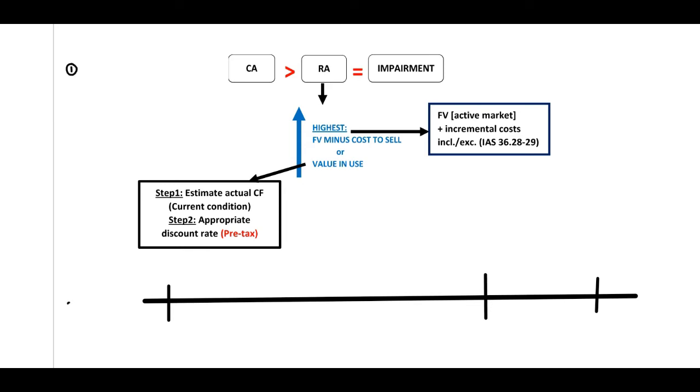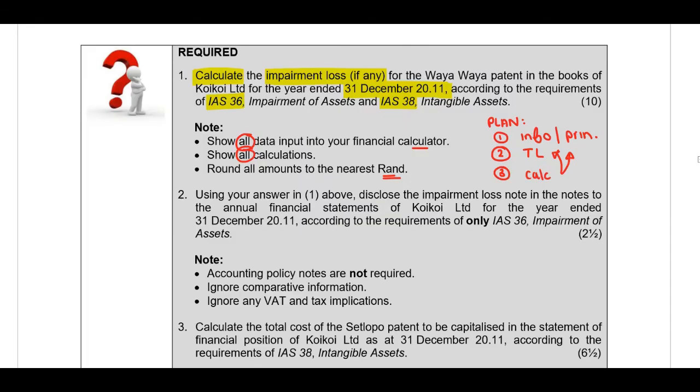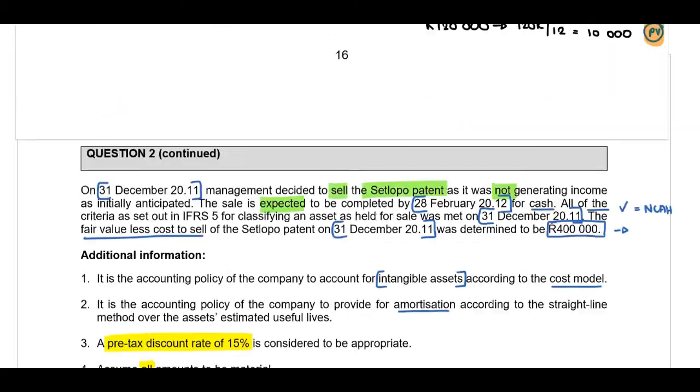I've included my timeline at the bottom. On the right side, this will be 31 December 20.11. I need to calculate my impairment. Now, to be able to do this, I will have to calculate my carrying amount and then my recoverable amount, right?